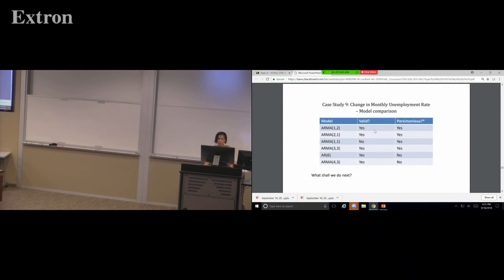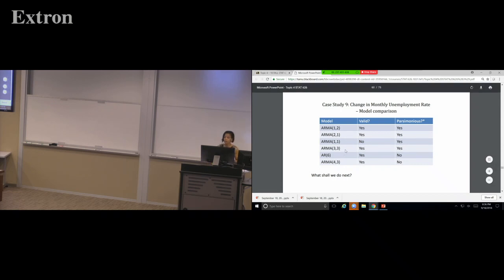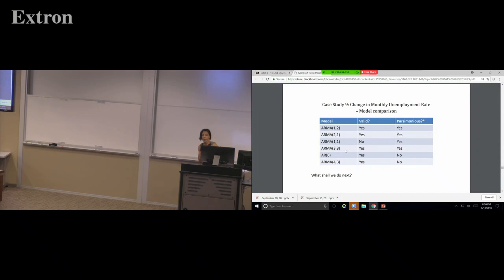And what we were able to determine is that an ARMA 1.2, an ARMA 2.1, and the ARMA 3.3 all appear to be parsimonious models. That means their parameter estimates were all significant, and they appear to be valid, which means their residuals appear to meet the assumption of white noise.